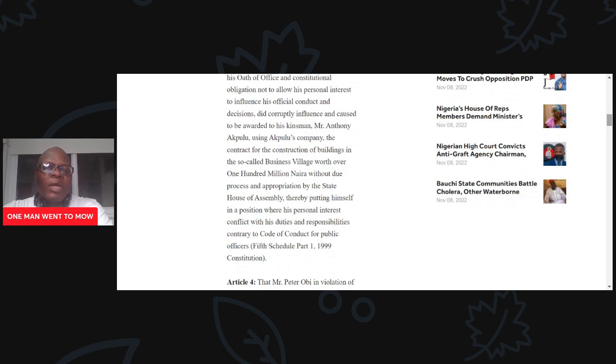Did corruptly influence and cause to be awarded to his kinsman, Mr. Anthony Akulu, using Akulu's company, the contract for the construction of buildings in the so-called business village worth over 100 million naira without due process and appropriation by the State House of Assembly, thereby putting himself in a position where his personal interest conflicts with his duties and responsibilities, contrary to Code of Conduct for Public Officers, 5th Schedule, Part 1, 1999 Constitution.